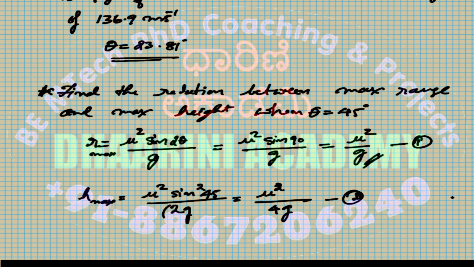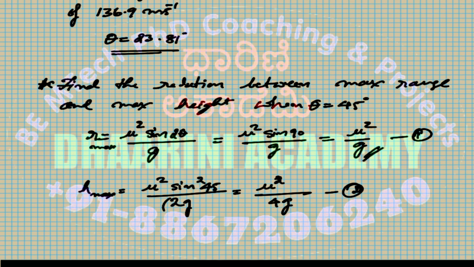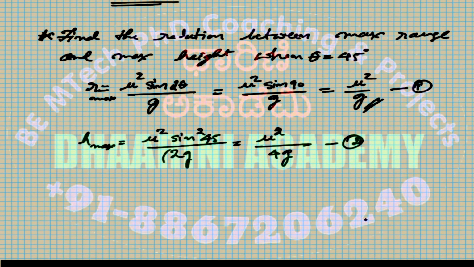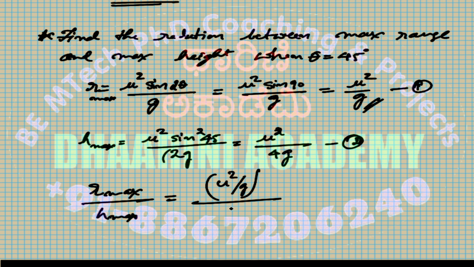So they're asking what is the relationship between R max and H max. I can see that I will divide. So R max by H max, you can divide. So numerator is u square by g whole divided by u square by 4g. So u square cancels, g and 4g cancels. Okay, so this is 1.